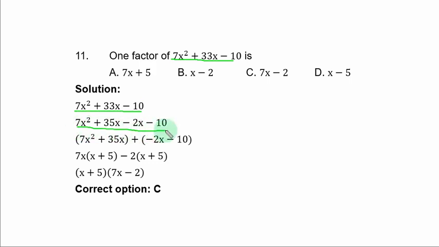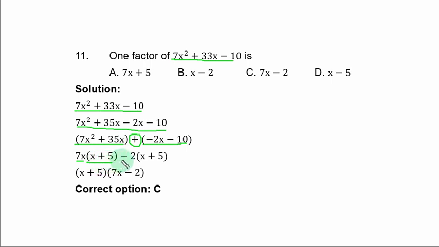The purpose is to have 4 terms that are grouped. The first 2 terms are the first group, the last 2 terms the second group. Ensure that you use a plus sign to separate the 2 groups. From the first group, 7s is common, and you have s plus 5 in the bracket.